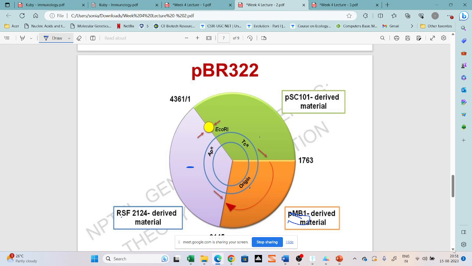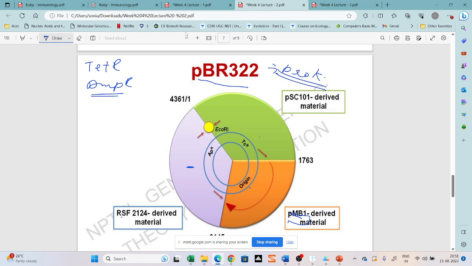So in pBR322 you have selection markers as antibiotic resistant genes, tetracycline resistant gene and ampicillin resistant gene. This was the first vector made, by taking a few parts of three different vectors. It is a prokaryotic vector.